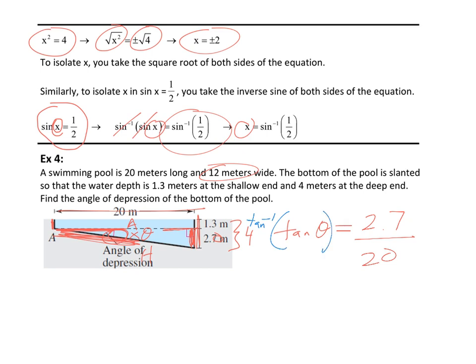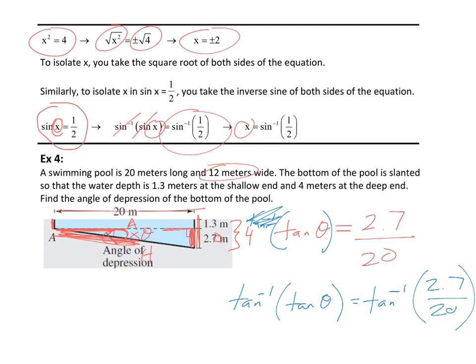Actually, let me just rewrite this out so it looks nice. Taking the inverse tangent of both sides. What happens on the left side? Regular tangent's gone. You're left with theta. You've isolated it now.